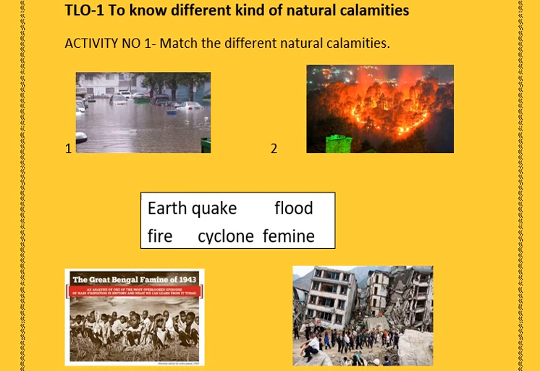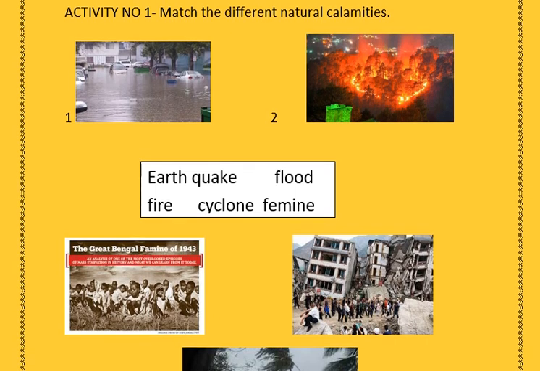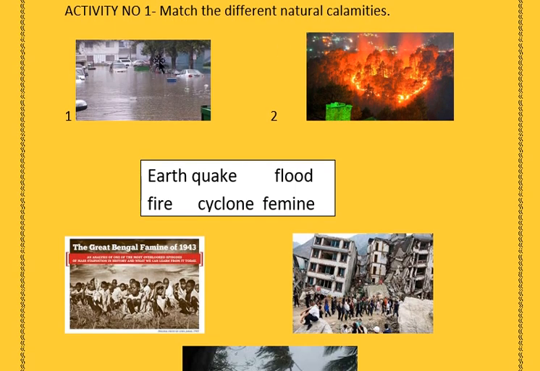In this, I have given you the pictures of very common 5 types of natural calamities, in which you can first explain the natural calamity to the child in a very few sentences like this. The first one is the flood.